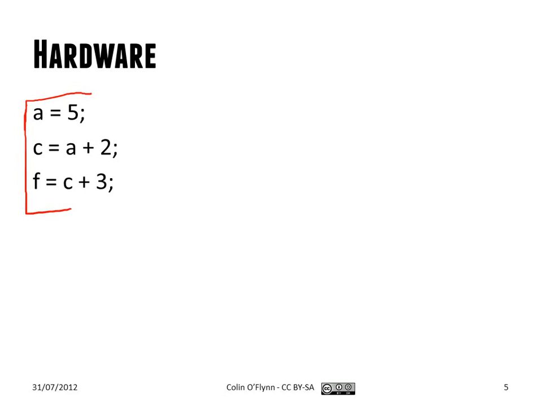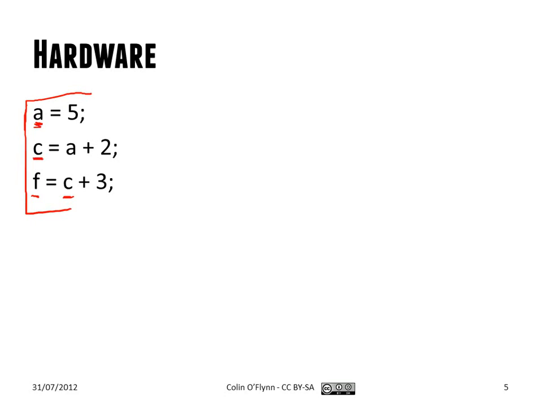The difference is all these statements are executed at the exact same time, in parallel. So the value of C will initially be something different, because that statement will execute at the same time that A is being assigned to 5. Likewise, F will be executed at the same time that C is being added in the previous statement.